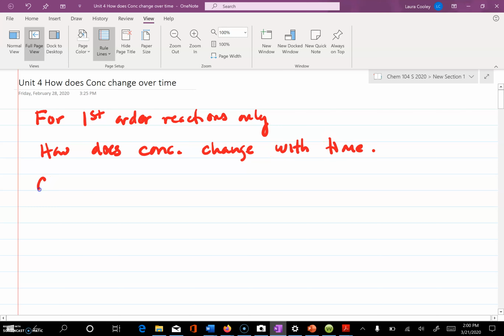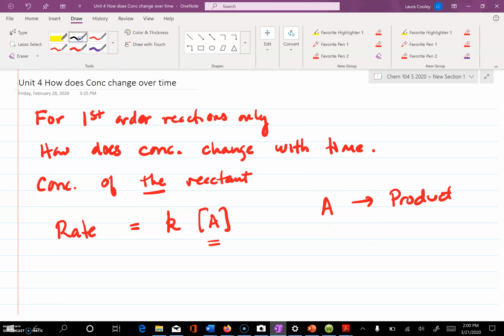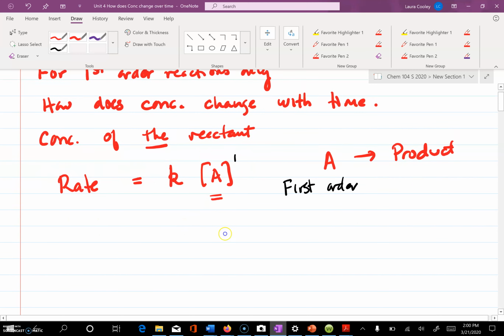And I'm really going to be talking about the concentration of the reactant. I say the reactant because, if you remember, the rate law for a first order reaction is that the rate is simply proportional to the concentration of reactant. So it's like you have reactant A going and forming products. So only first order, because this is the 1 power.